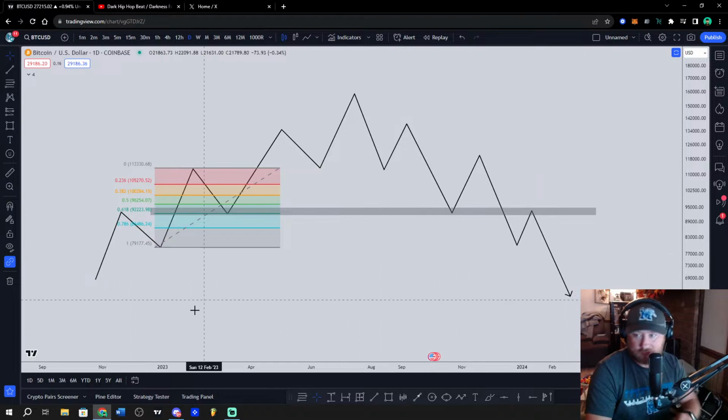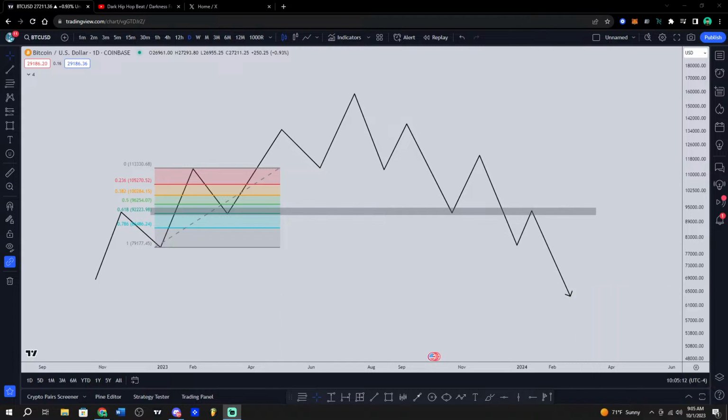This is the most basic, bare bones market structure that you can find in the chart. As soon as you open it up, within 10 seconds, you should be able to see the market structure.